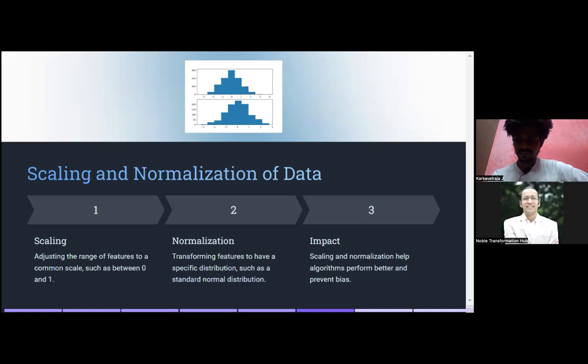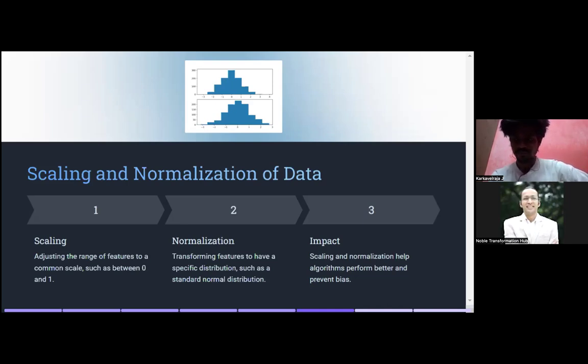Normalization and scaling are very important tools, guys. In machine learning, data science and deep learning, they are very powerful, and because of them we have great models and we can create great projects and applications. They are the heart and soul of data science, machine learning and deep learning.